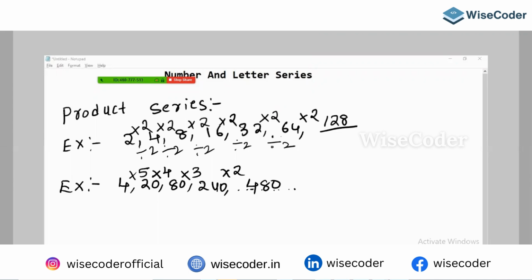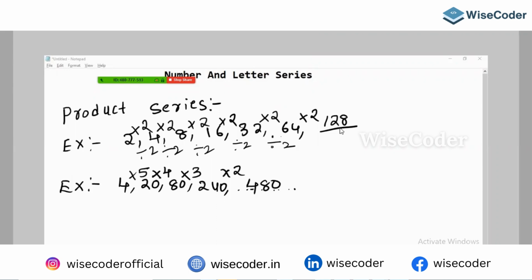So each term is multiplied by a decreasing factor to get the next term. Whatever number in a particular pattern is multiplied to get the next term, that is very, very important.